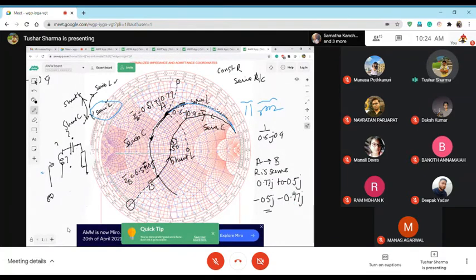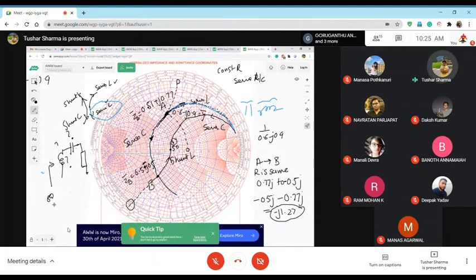So how much is that? 0.77 plus 0.5 is 1.27, so this is minus J 1.27. This is the total change when you are moving from here to here. Total reactance change, sorry, not admittance.